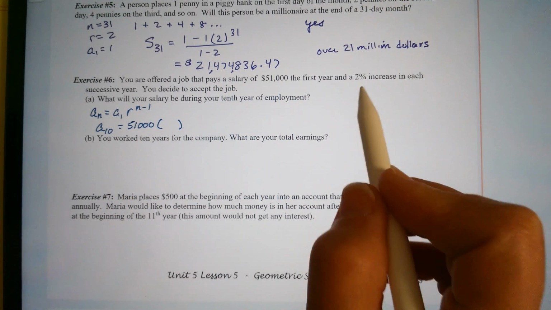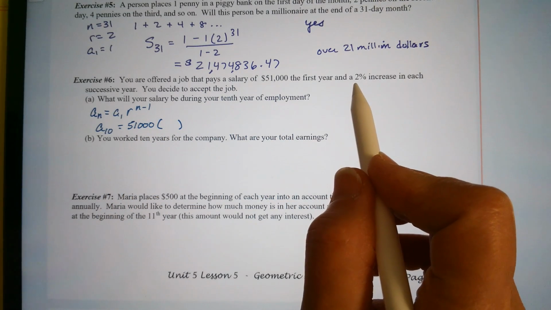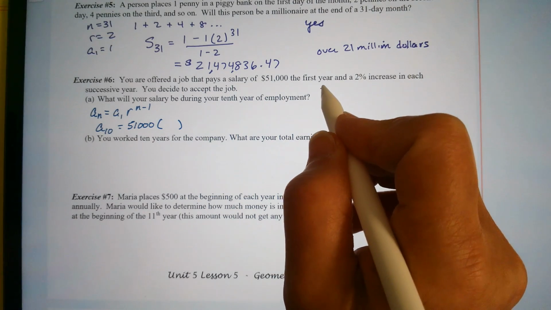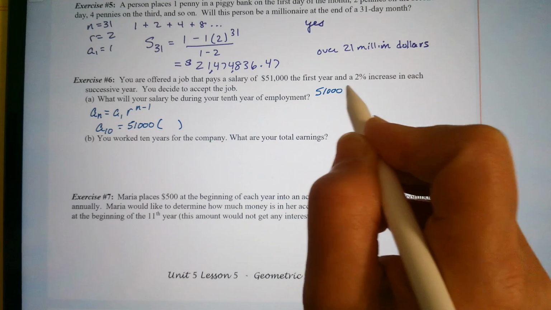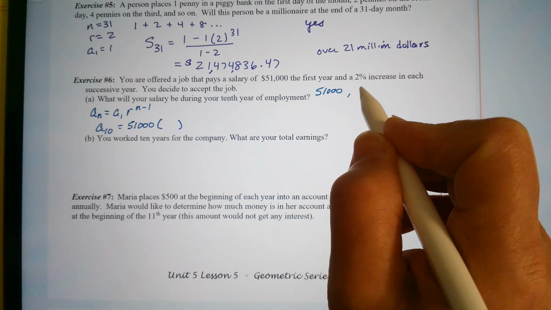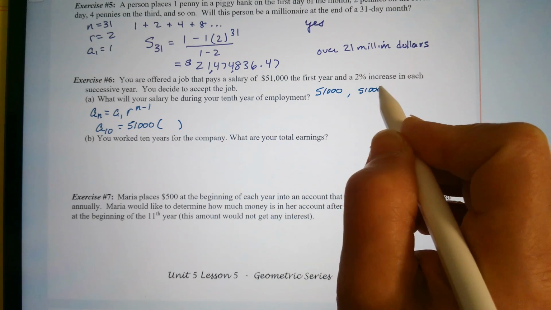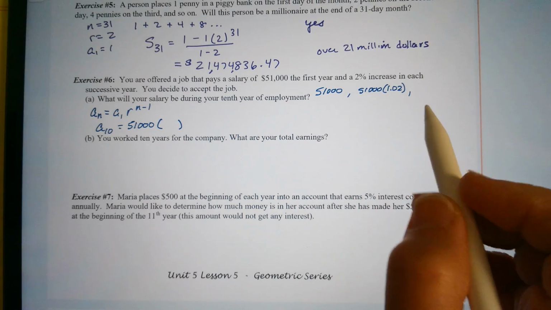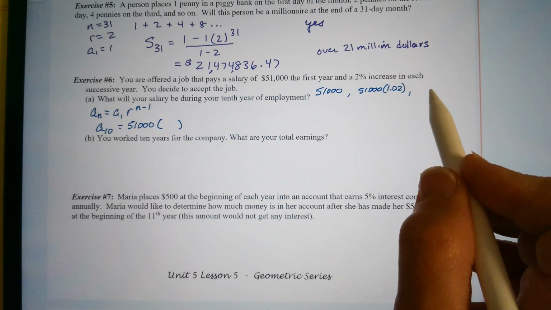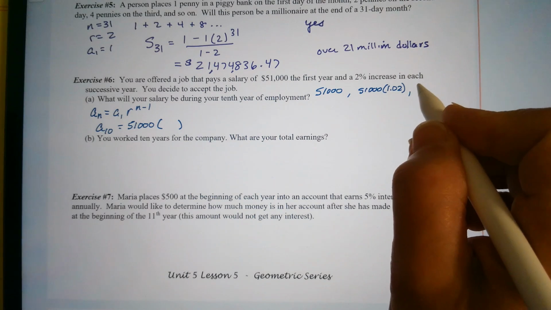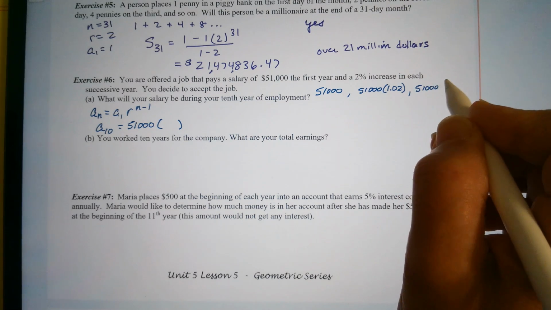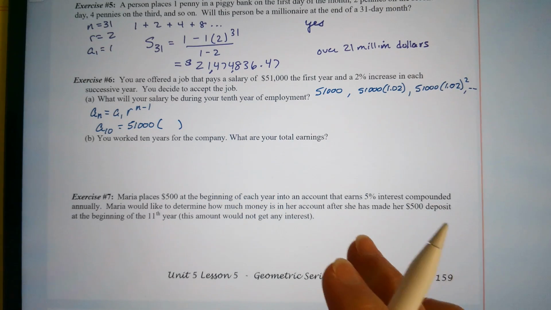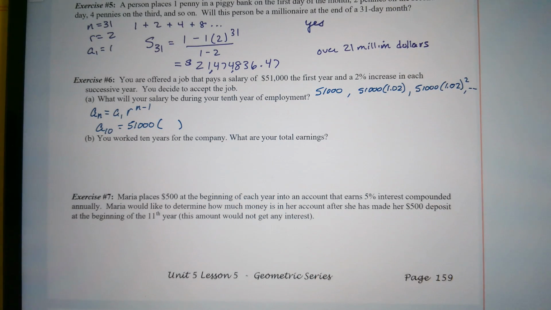What is the r value? Well, if you're increasing by 2% each year, let's say we start at 51,000, and then the next year you're going to be 51,000 times 1.02, and then the following year is going to be this times another 1.02, so it would be 51,000 times 1.02 squared, and so on, until you're at the 10th year.